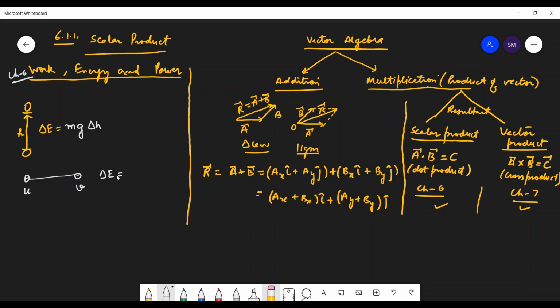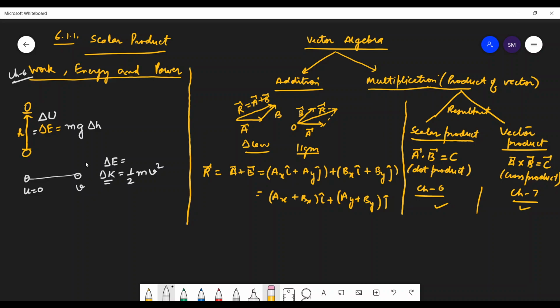Here I will be writing potential energy as delta U in this chapter, and kinetic energy as delta K, but both mean change in energy. If u is equal to 0, then the change in kinetic energy is half m v squared, where v is the velocity acquired by the ball.